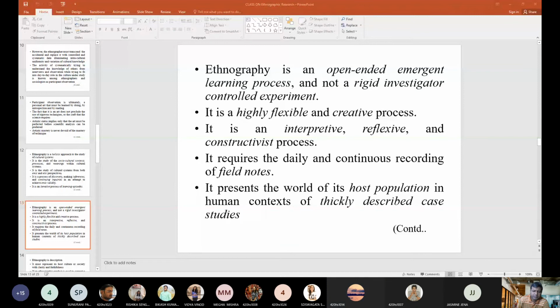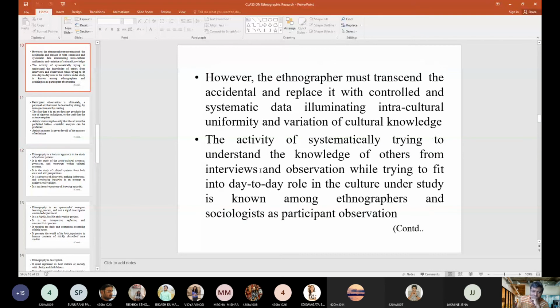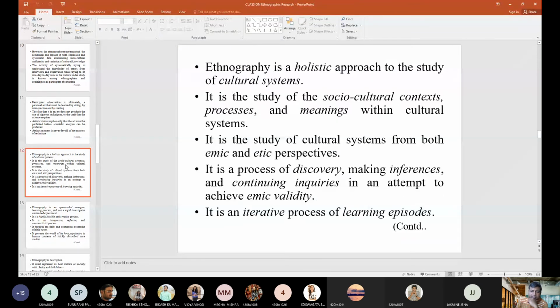I didn't get what exactly it is. Which slide? In this slide, sir, the last line: it is an iterative process of learning. Interactive process of learning episode.